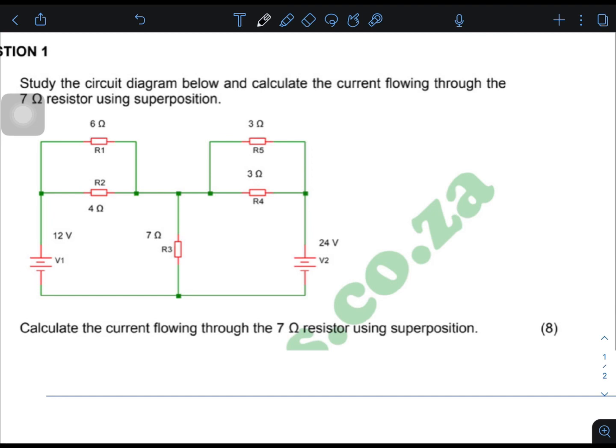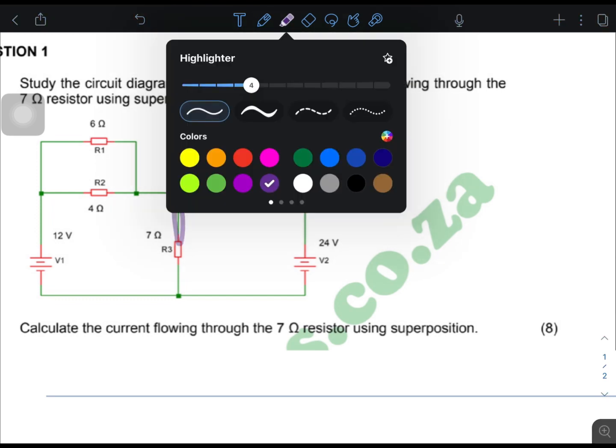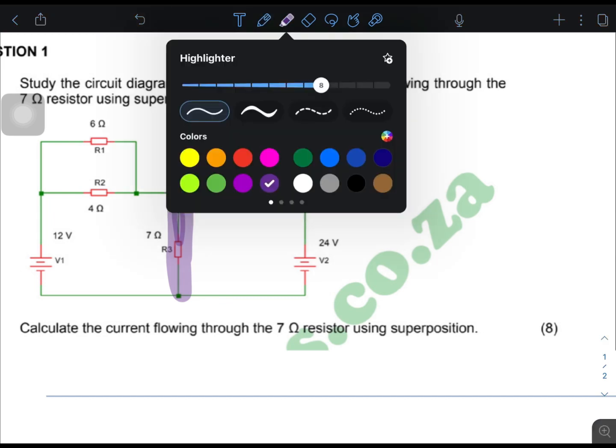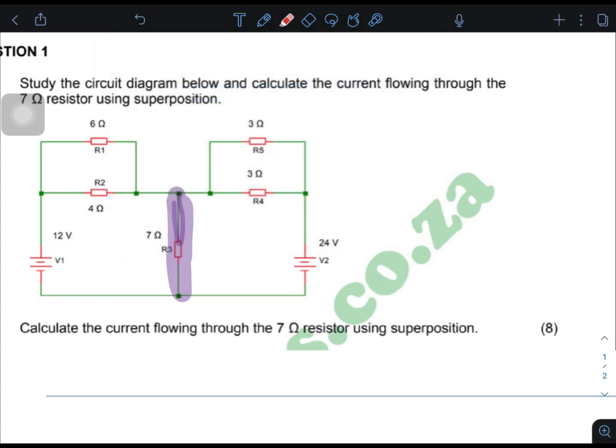Okay, where's that current? This is the current they're talking about, flowing in that junction. So we said it must be superposition. You have multiple sources, two or more, of which this is my first source. Let me use the red color.